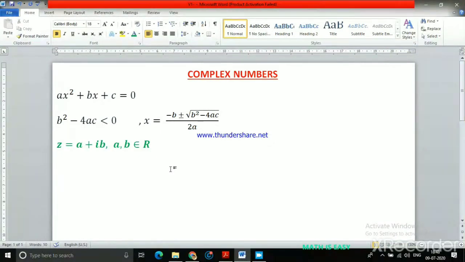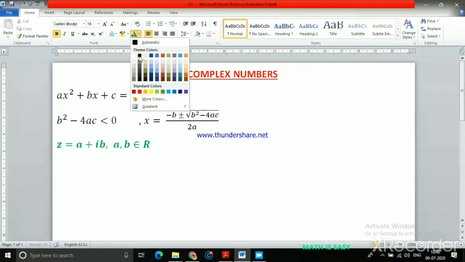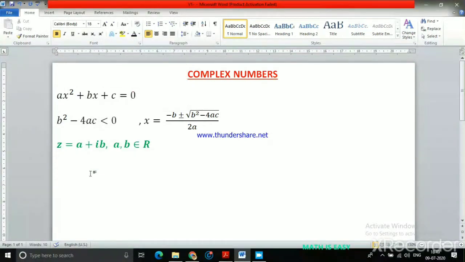Also, when I say real number, 0 is also a real number, so a can be 0 or b can be 0. It may happen that both the numbers can be 0, a is 0 and b is also 0.